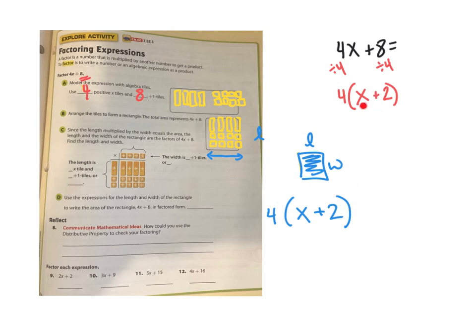Take a look. That was just your brain's way of seeing what's going on there. They're talking really about lining those up as an area. This explained it here. So the width is 2 tiles, one, 2 of the positive 1 tiles, or 2. Sorry, that's not right. 4.